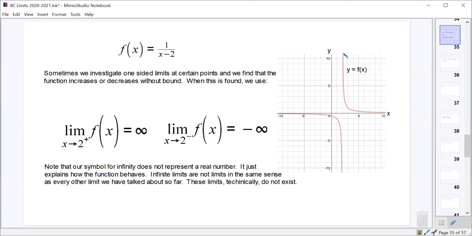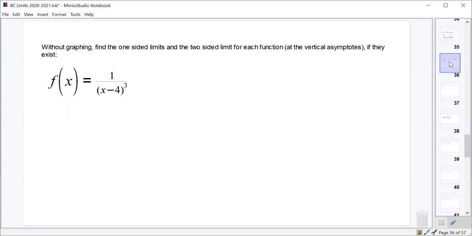They're not approaching a real number. But anytime we approach a vertical asymptote, that limit will either be infinity or negative infinity, and we'll see if we can figure out, without graphing it, what both one-sided limits and the two-sided limit of this function are at its vertical asymptote.